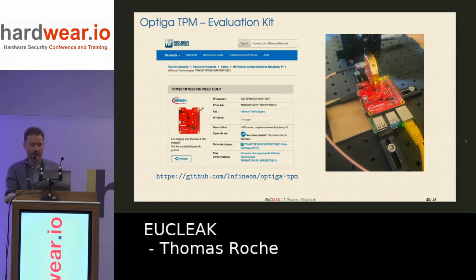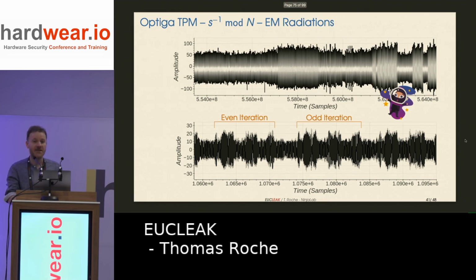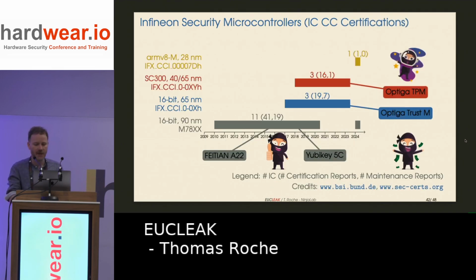We could buy a DevKit board and put it inside our side channel bench. And again, we could validate that this is exactly the same implementation. It didn't change. The side channel leakage is weaker, it's harder to exploit, but at least the implementation didn't change. Finally, for the last family, it's not possible. It's too recent. The first certificate was out this year.